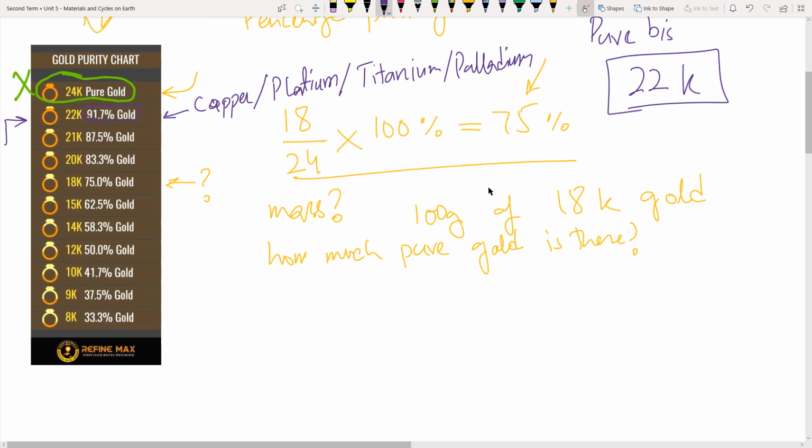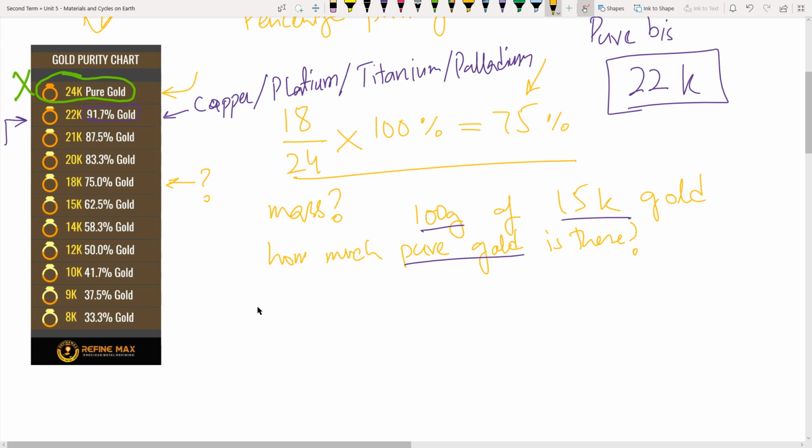Now let's get back to our problem, in which we have, say, 100 grams of 18 karat gold. How much pure gold is there? First I need to calculate the carats. Let's call this 16 carat instead, to make it a little bit different, 15 carats, let's go for it. So 15 carat.